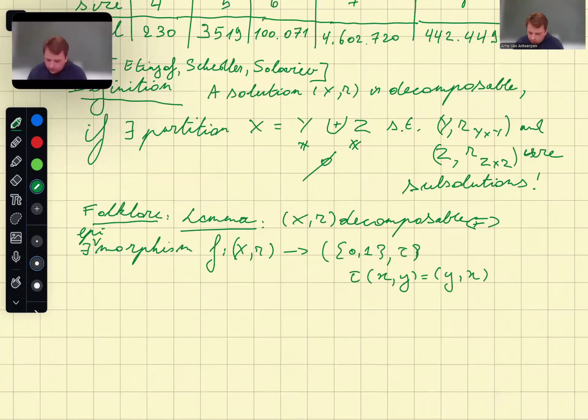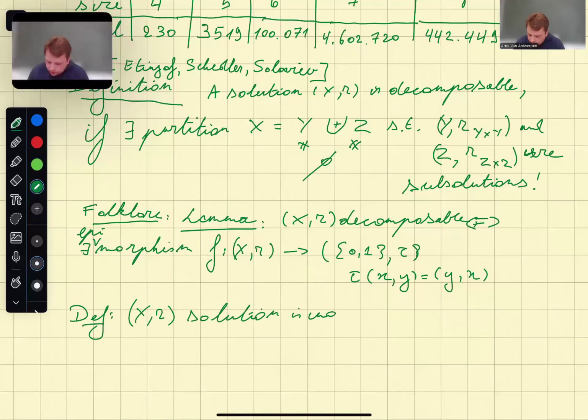So the idea is we want to know more about solutions that are not decomposable. We say a solution (X, R) is indecomposable if it is not decomposable. So it is in some way the smallest constituent.